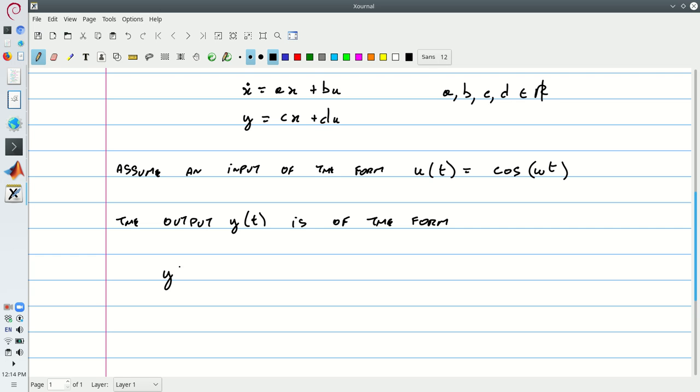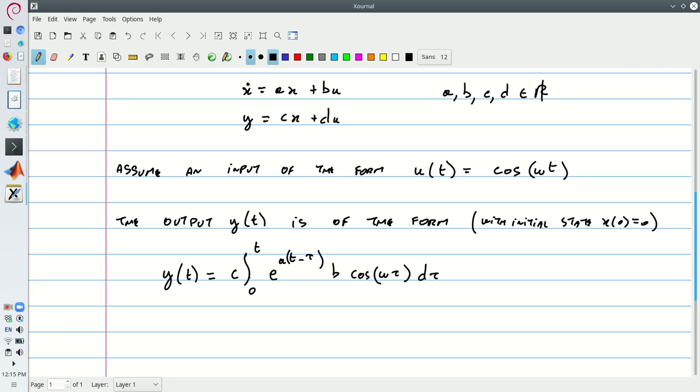So if we compute the formula directly on y of t, making the assumption that the initial state x of 0 is equal to 0, our y of t is going to be given only by the forced response, that is given by the integral from 0 to t of the exponential of a t minus tau b u of tau, that is cosine of omega tau, d tau multiplied by c, plus d cosine of omega t.